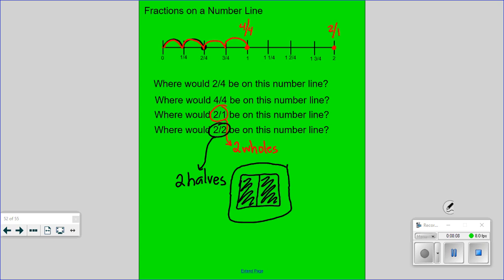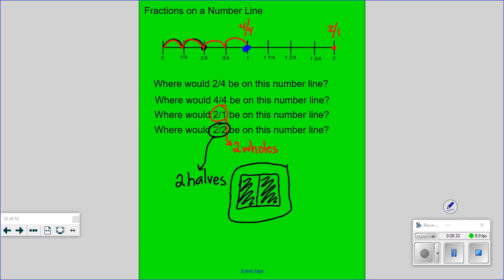Is 1 whole over here? No. Where is 1 whole, Mason? Where does it say 1 whole on that number line? The 1, yeah. That 1 means 1 whole.